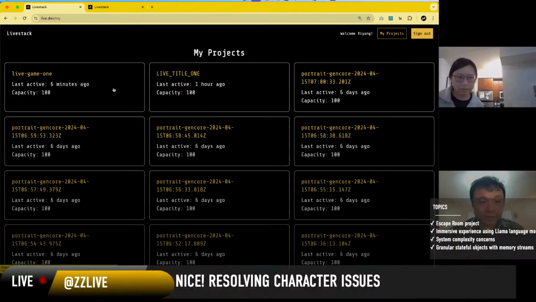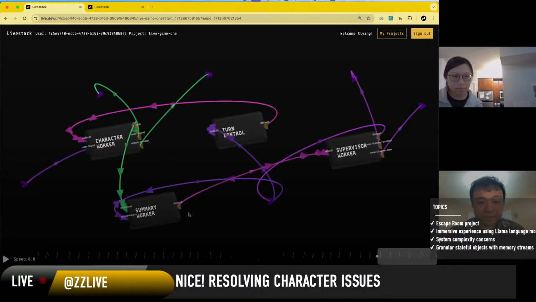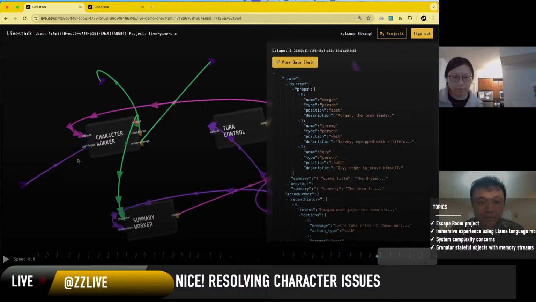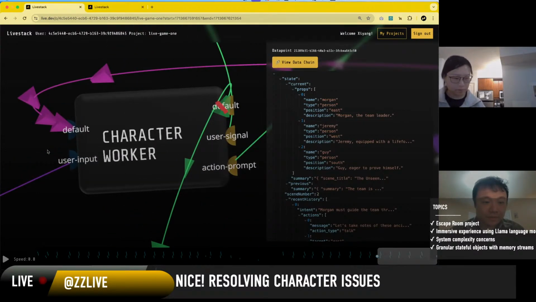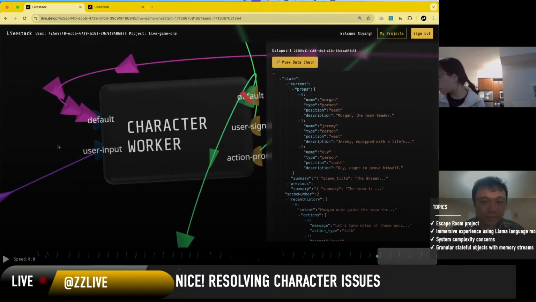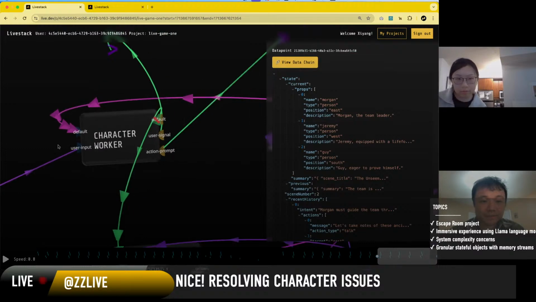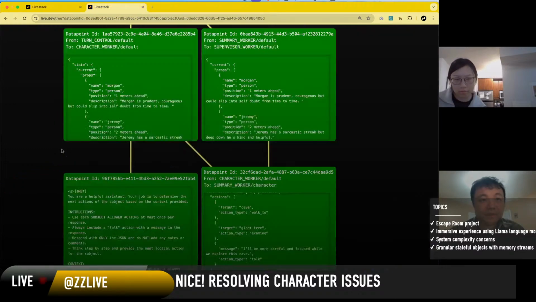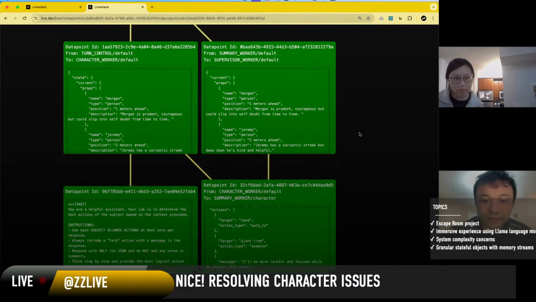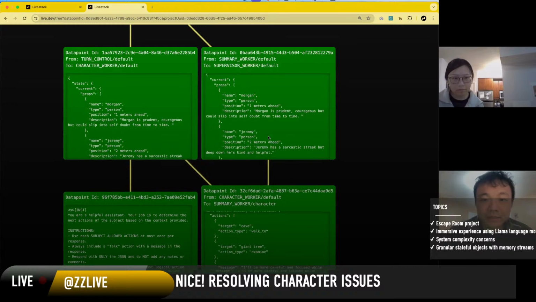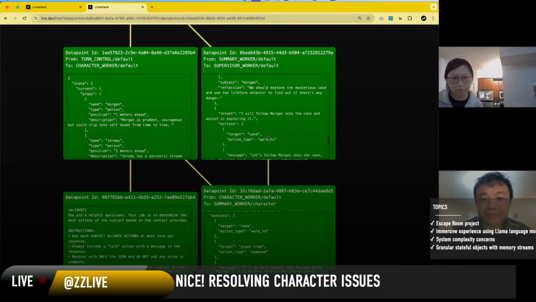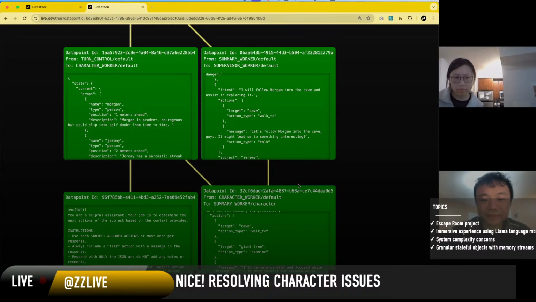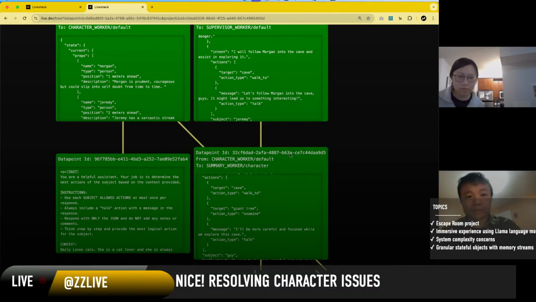Has more than one input. Character has user input. Has default. Oh, right. Yeah, it has to either reflect as such.